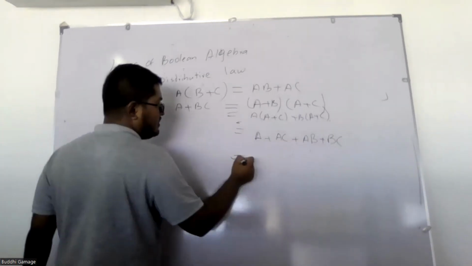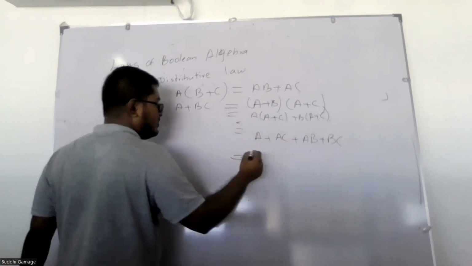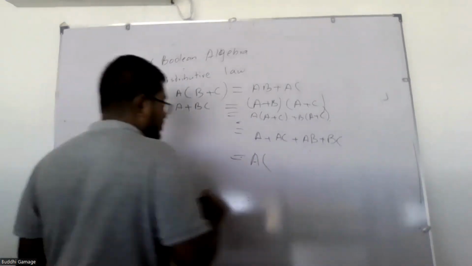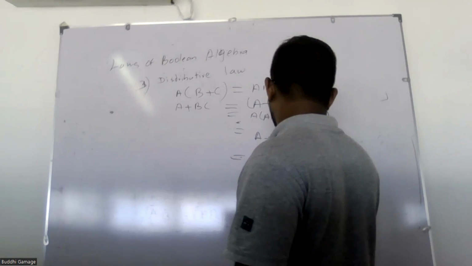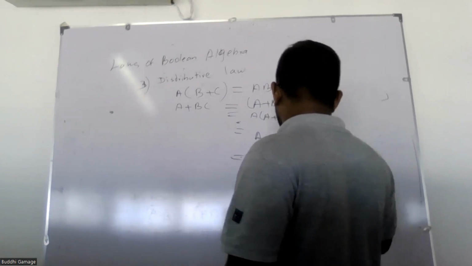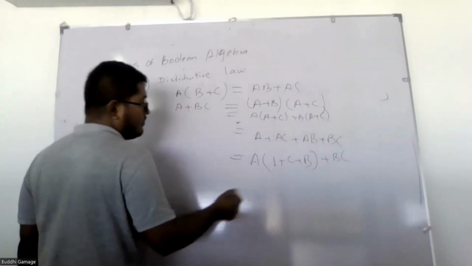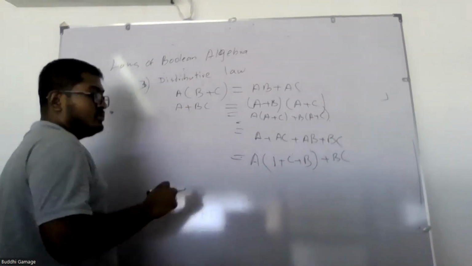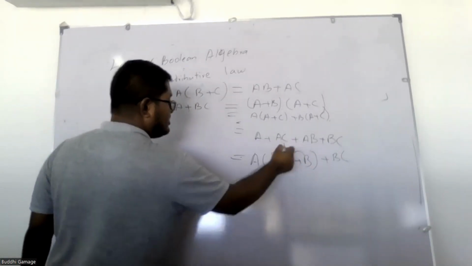So what we can do is take this A out of the bracket. This will be 1 plus C plus B plus BC. Since there is this 1, 1 plus something, 1 or something, that means this whole part is going to be replaced by 1.